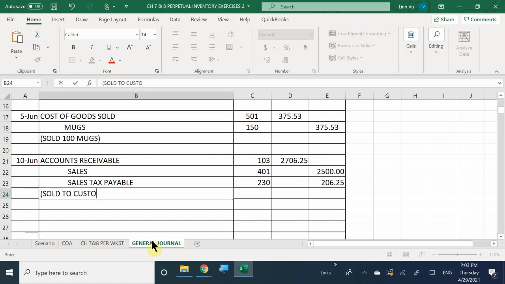In this case, we sold to customer A, okay? How many cups did you sell? 250 mugs, okay? And we also gave them terms, right? We gave them 10% if they paid within 15 days. If not, they need to pay the whole thing in 30.